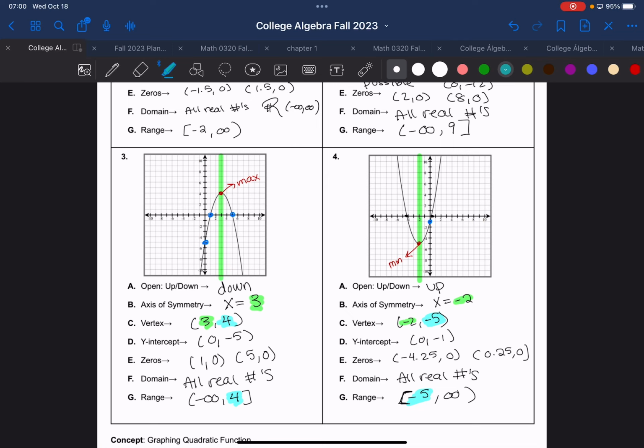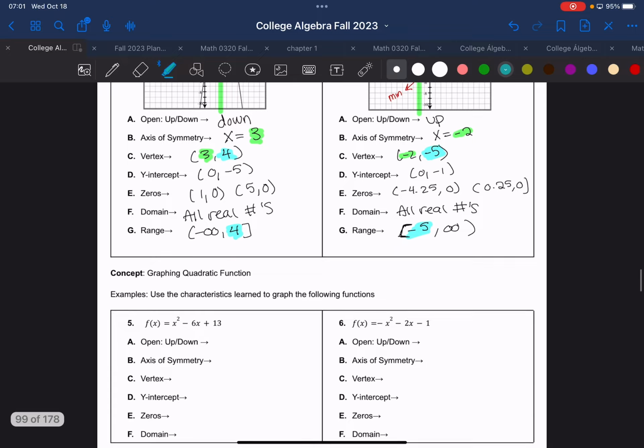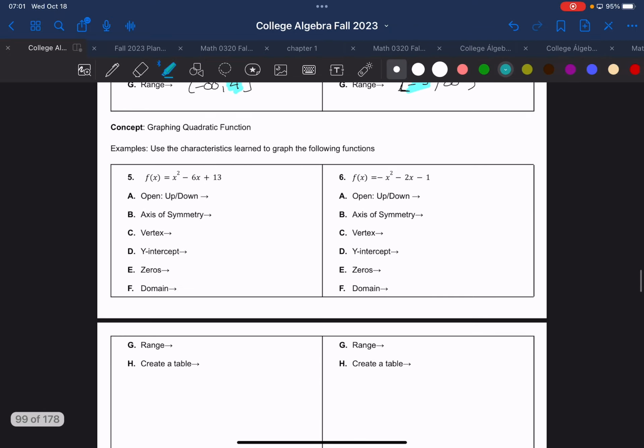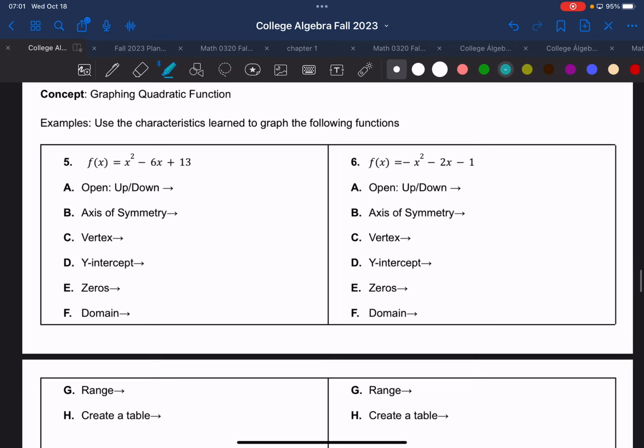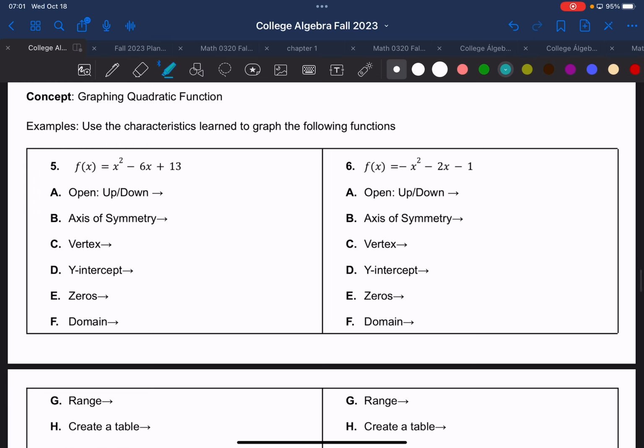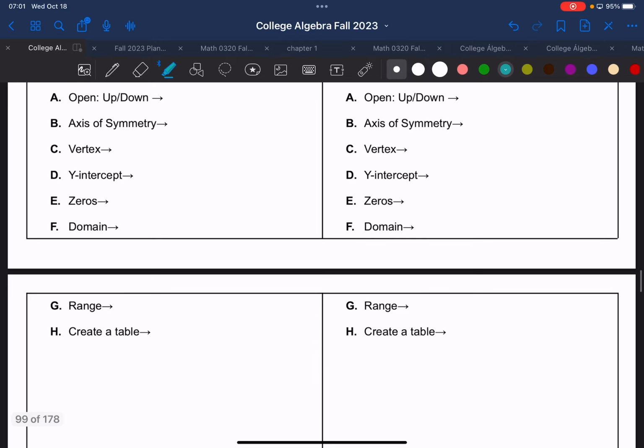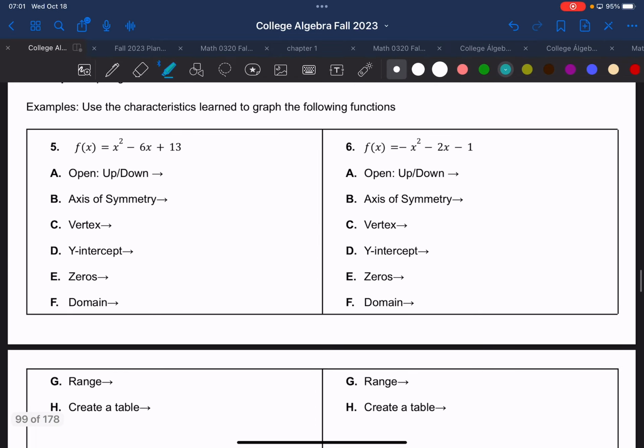However, you're not always going to get a graph. Most times you're going to get a function. So looking at the next part here, graphing quadratic functions, we're going to use the equation and all the vocabulary that we know, answer that, create a table, and use this information to graph.